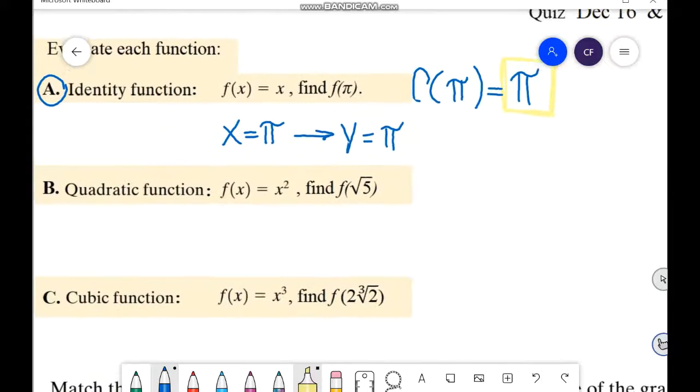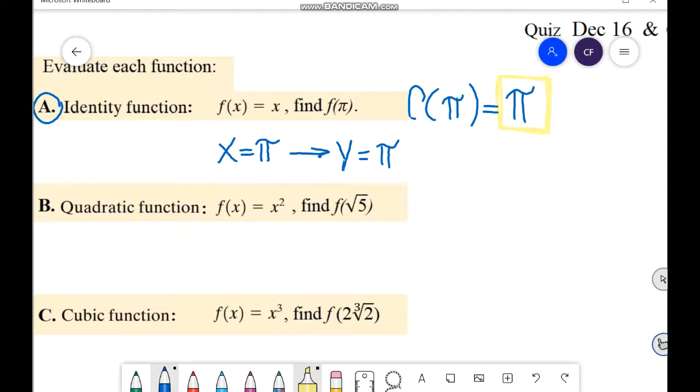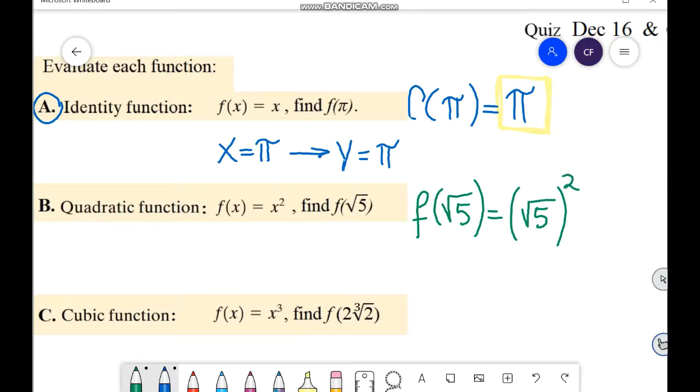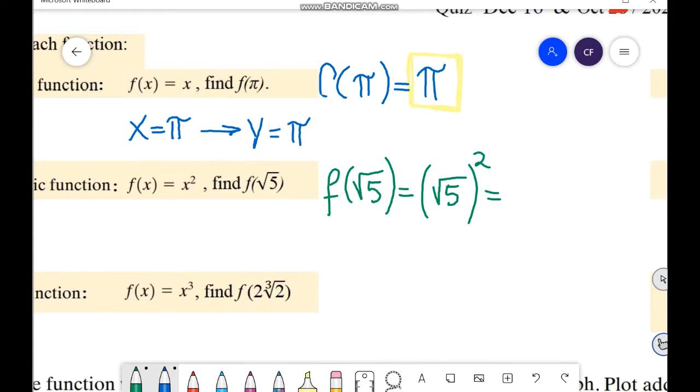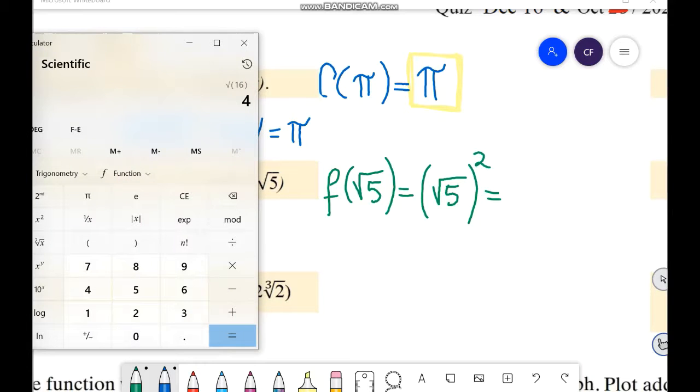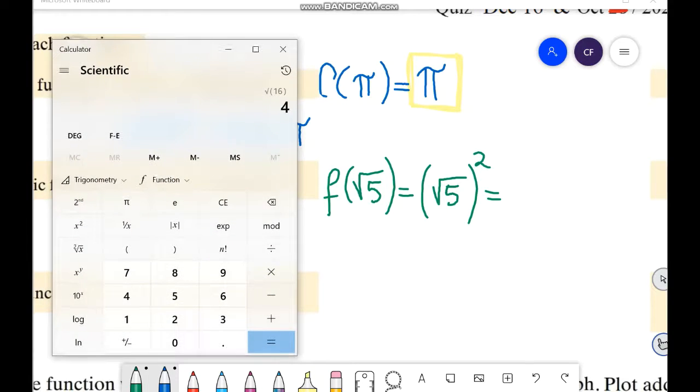Next one, letter B. Going to move a bit faster now. Letter B, quadratic function. F of x equals x squared. Find f of square root of 5. The hint: this is going to be square root of 5 squared, right? And what's going to be square root of 5 squared? If you're not sure how to find it, we can simplify and find the answer very easily, but if you don't remember, use the calculator.